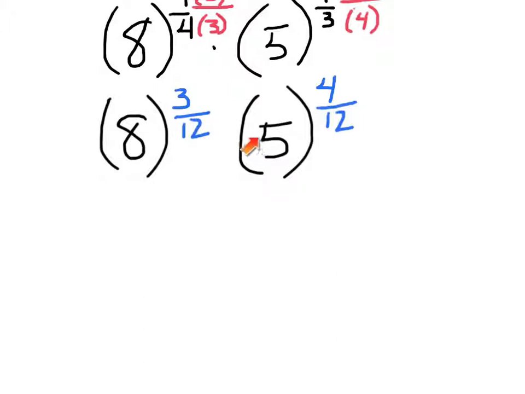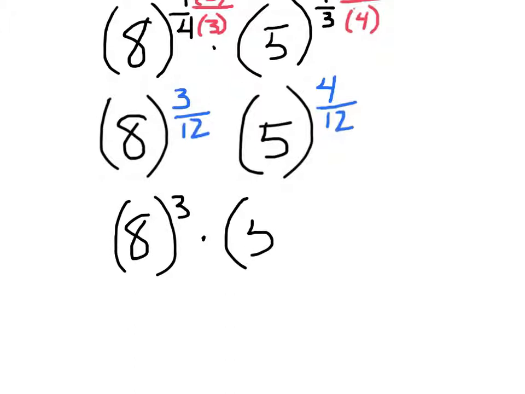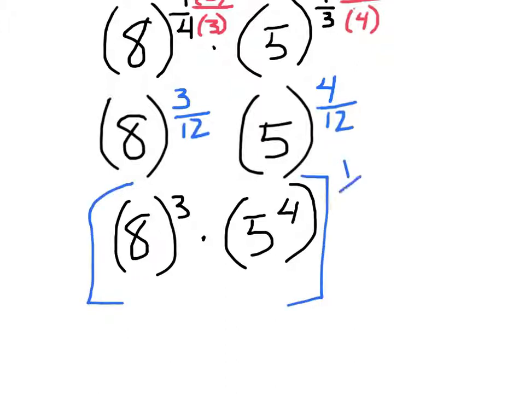But what we're going to do is pull out the denominator, the 12. And so the way that's going to look is this: 8 cubed times 5 to the 4th, and all of that to the 1/12.